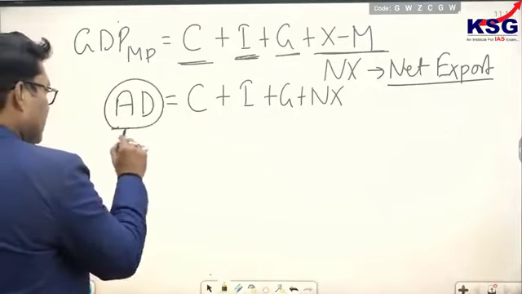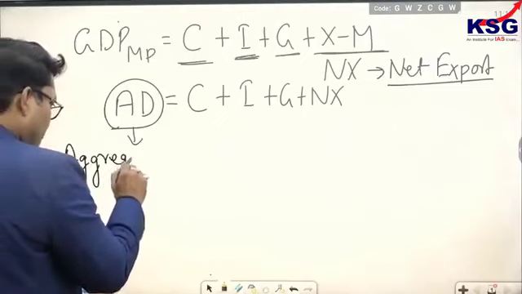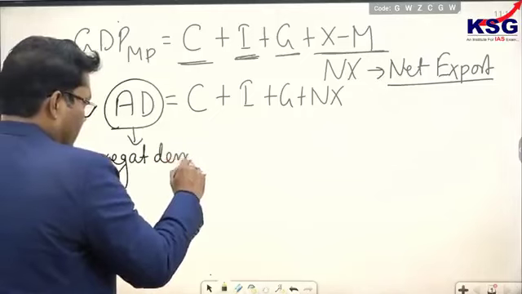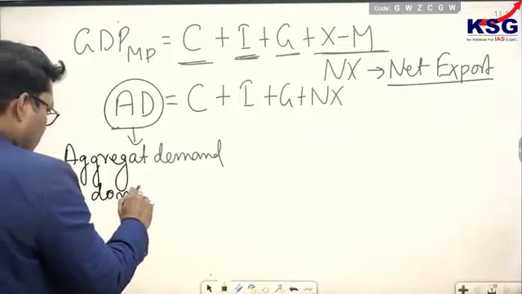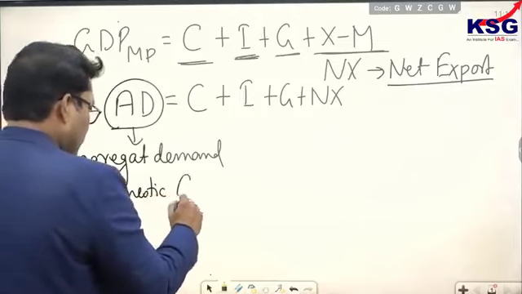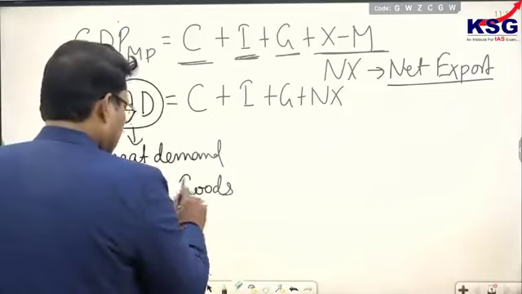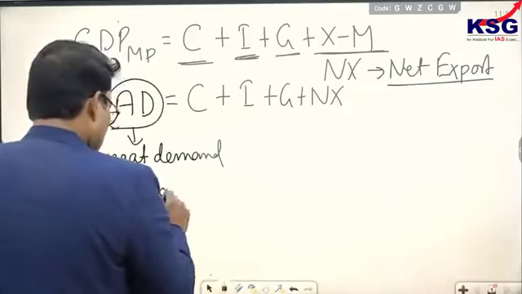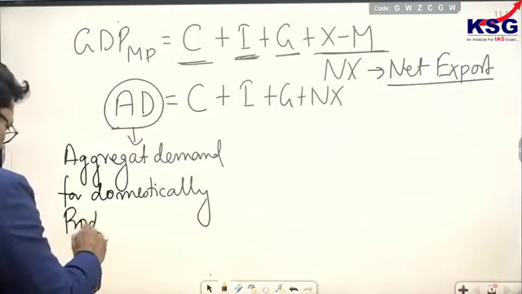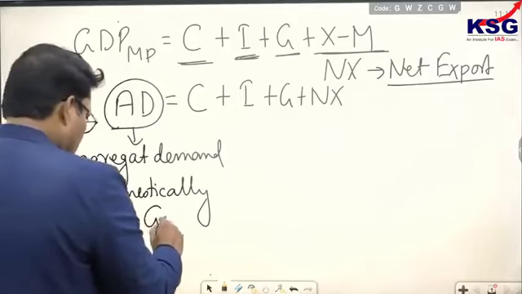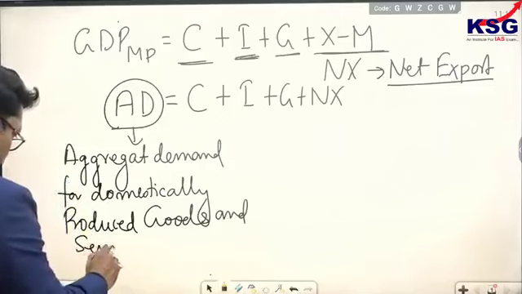AD, here we are writing, means the aggregate demand for domestically produced goods and services.